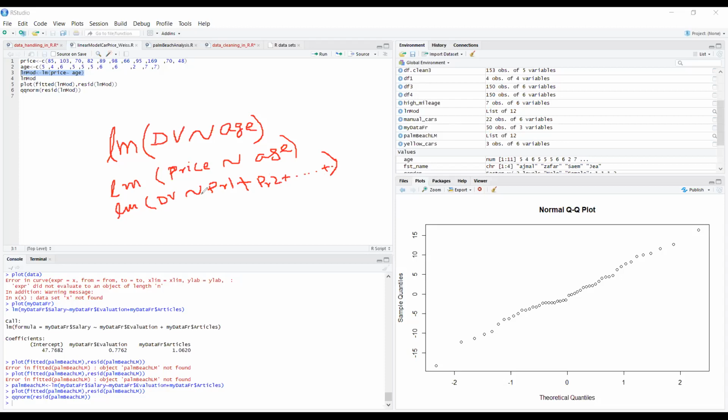So this is the line which we will use for applying a several predictor model, and this is the line which we will use for a single predictor model.